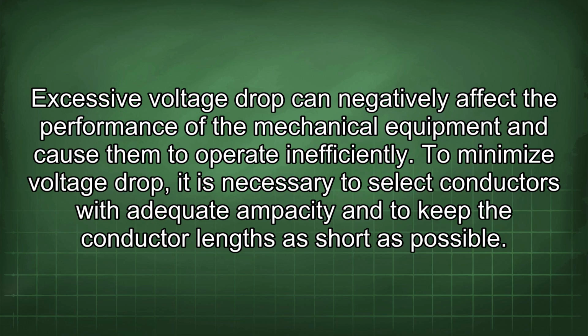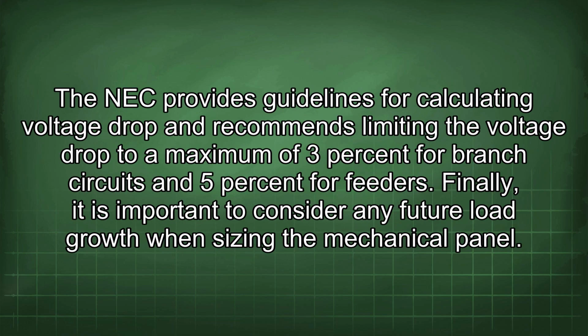To minimize voltage drop, it is necessary to select conductors with adequate ampacity and to keep the conductor lengths as short as possible. The NEC provides guidelines for calculating voltage drop and recommends limiting the voltage drop to a maximum of 3% for branch circuits and 5% for feeders.